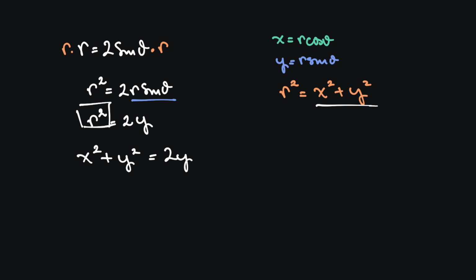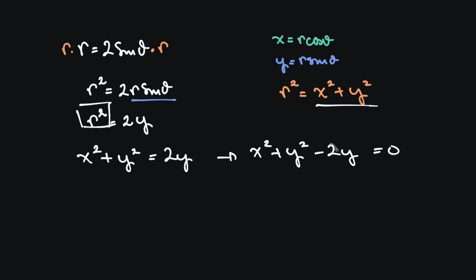And if we isolate everything, we have x squared plus y squared minus 2y equal to 0, right? We have this equation we can complete because if we already studied conics, we know that this is pretty similar to a circle. So we can complete the square, right?